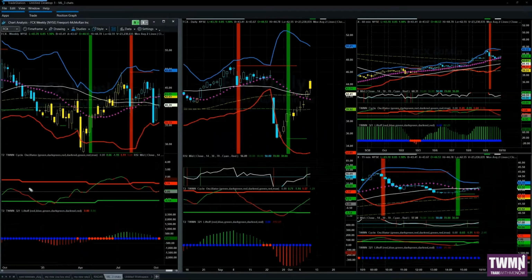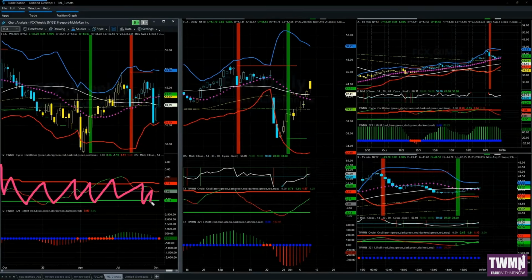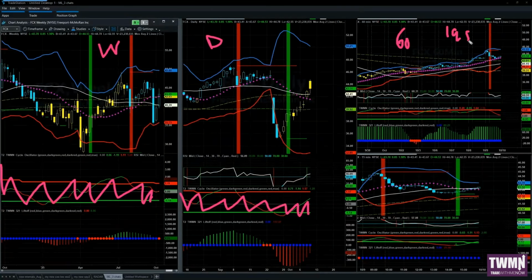This is a convert the vert cycle oscillator. So forget about this. If I look at this chart, look what I have here: weekly, daily, hourly, and sometimes I change this to 195 or 78 minutes. This is 15 minutes. Sometimes I change it to a 5 or a 30.